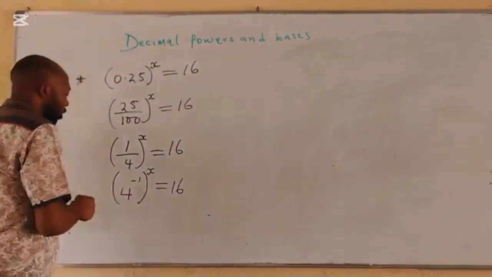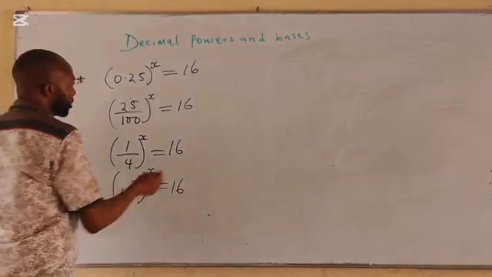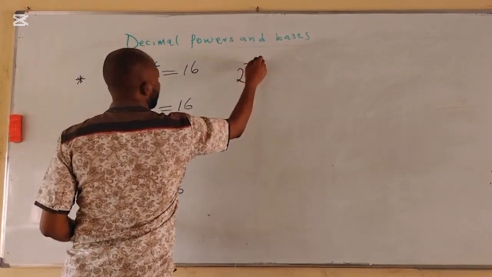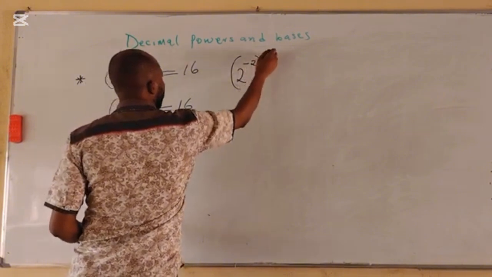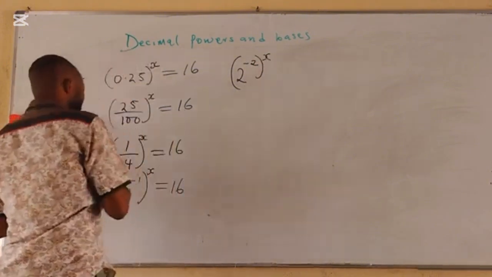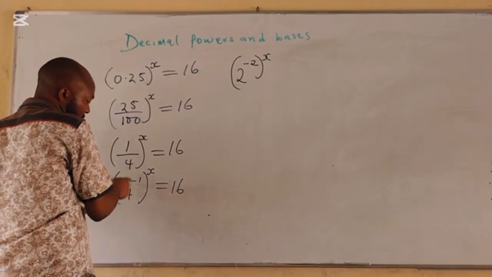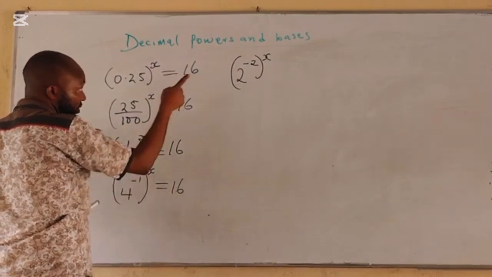Now, this is the same thing as 2 raised to the power of minus 2, all raised to the power x. 2 raised to the power 2 times its power minus 2 will give me that.